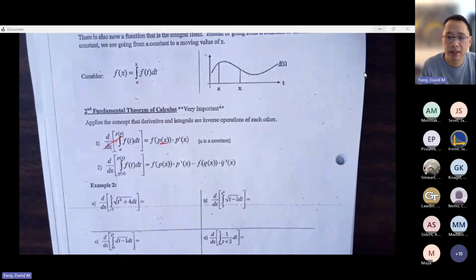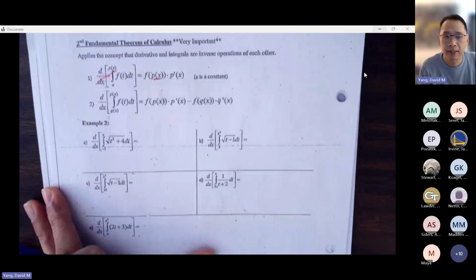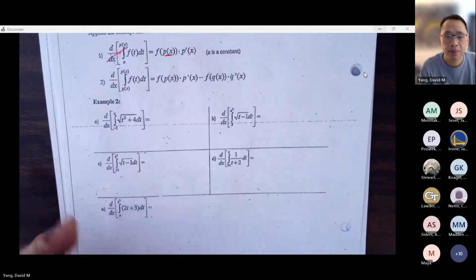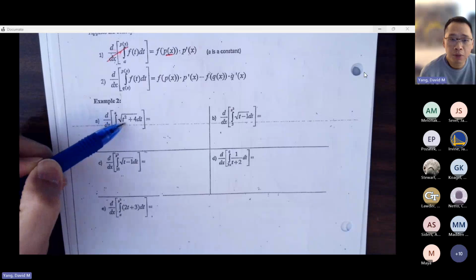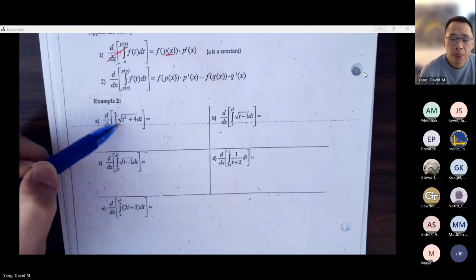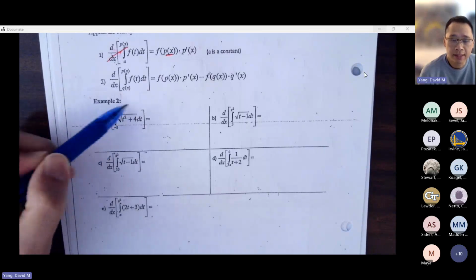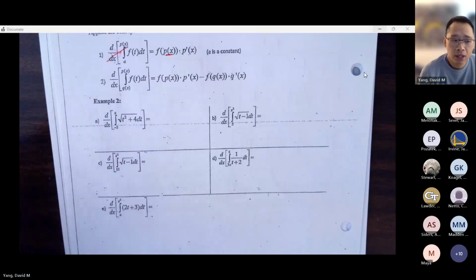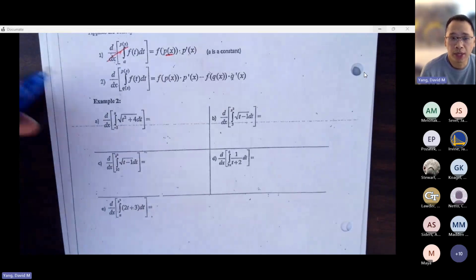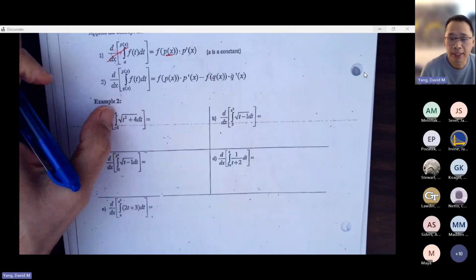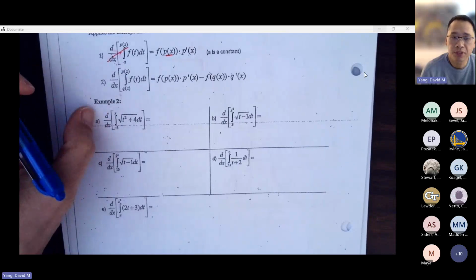I'll talk about the second application a little bit later. Let's look at some of these examples here. If I want to find the derivative of the definite integral of root t squared plus 4, we want to use the second theorem because we want to avoid having to do a full integral process and then find the derivative.